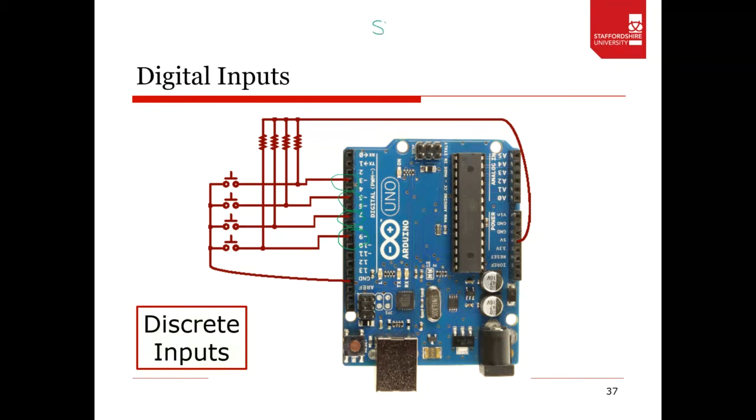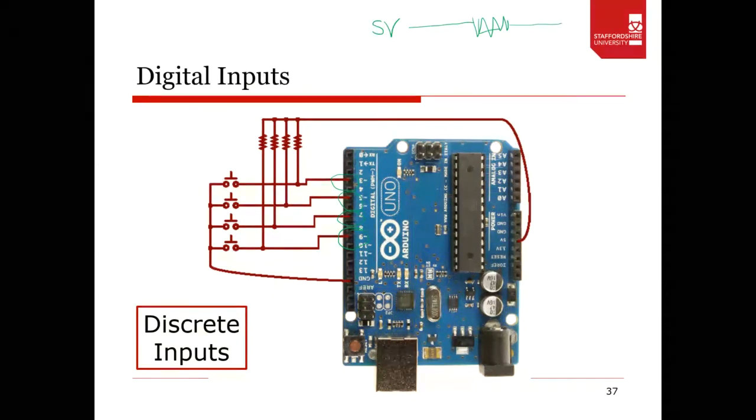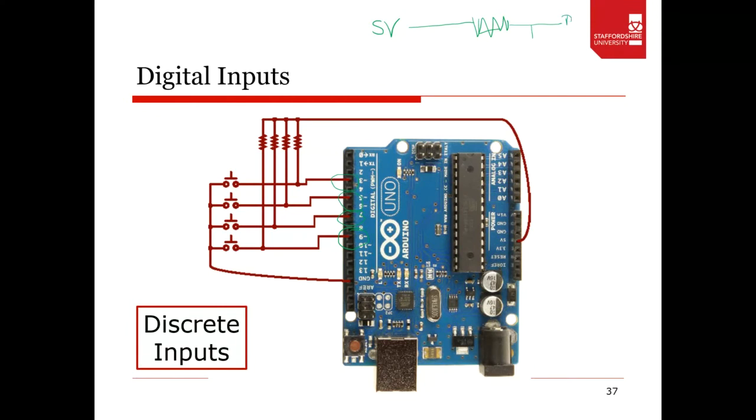So essentially we've got 5 volts, then a resistor, I'll draw the resistor, then the connection to the pin, and then we have a switch.